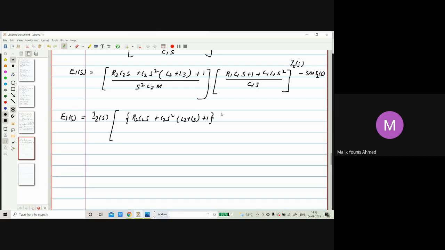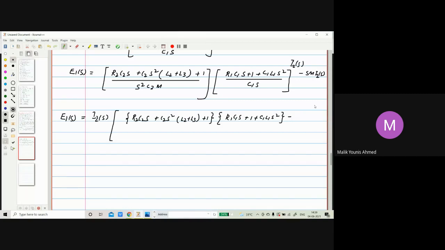That will be multiplied by this term, R1 C1 s plus 1 plus C1 L1 s square. Okay, so we'll close this bracket, and this whole will be minus.